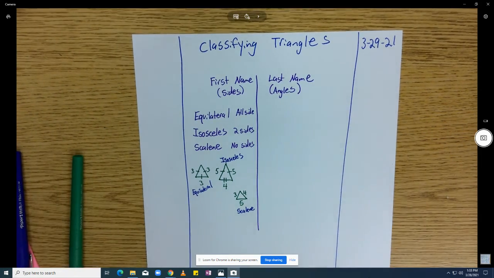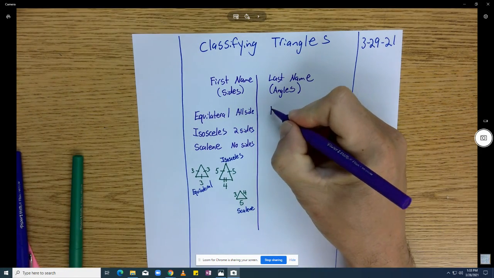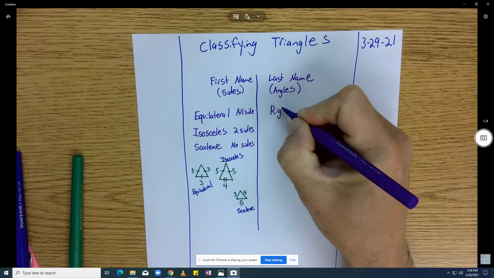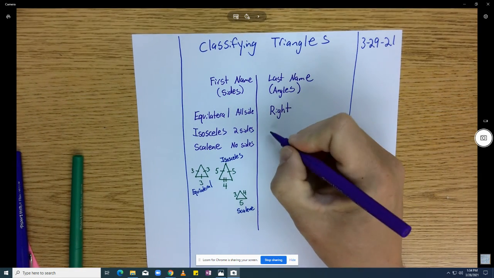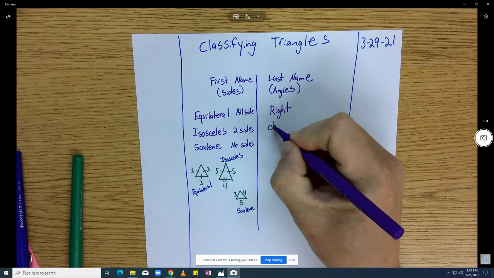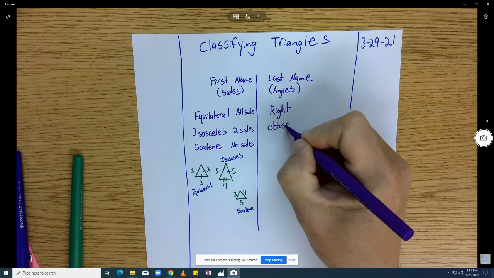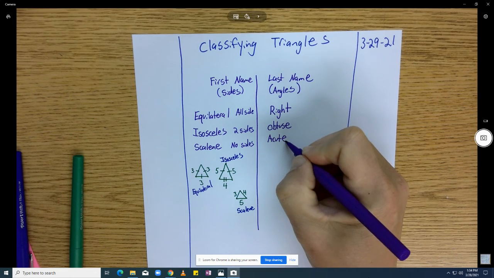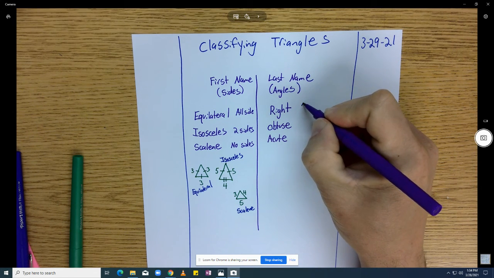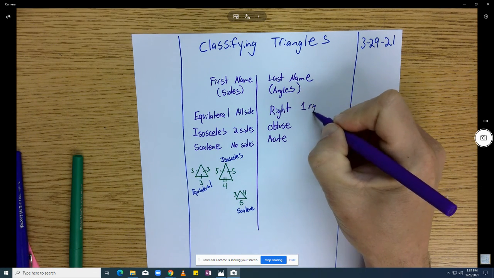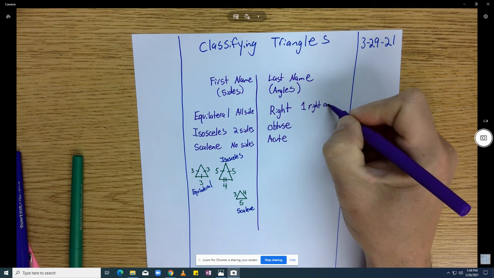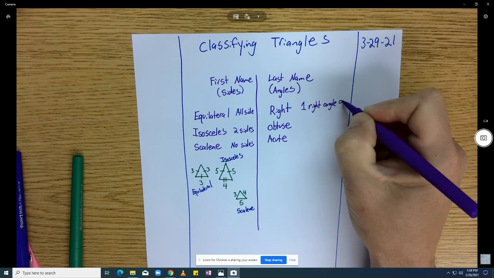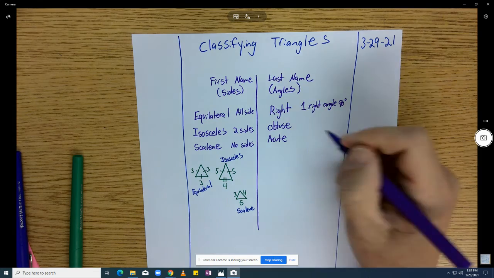For the angles, we have a right triangle. That one's going to have the little box in it. Then we have obtuse and acute. So if it has one right angle, it's 90 degrees, then it's going to be a right triangle.